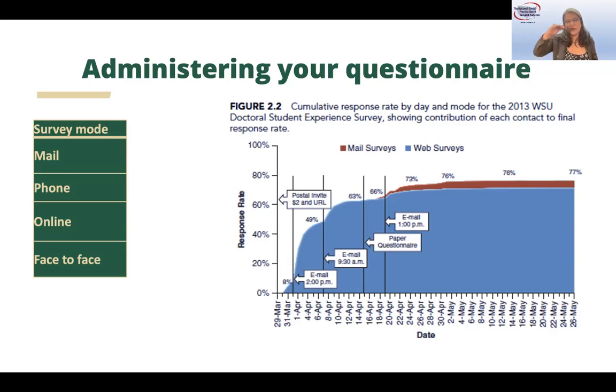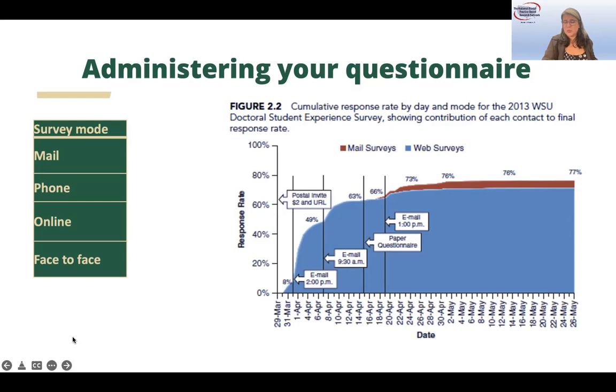Then it increases incrementally, and you can see the mail surveys. There were a little bit of people who answered the paper one, they prefer that. And those can be people who are hard to reach nowadays in this age of technology. So you might be willing to consider the mail survey, even though it adds costs, because otherwise you might not have access to that population that prefers to answer a mail survey.